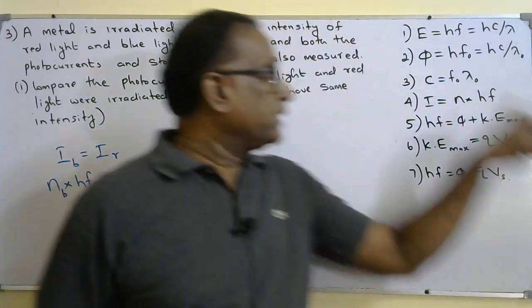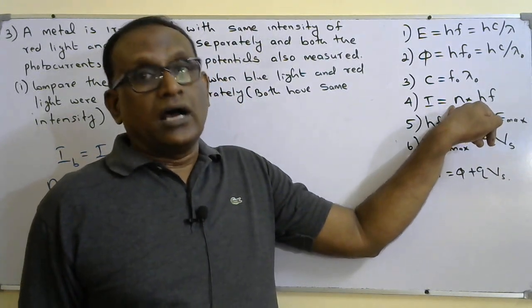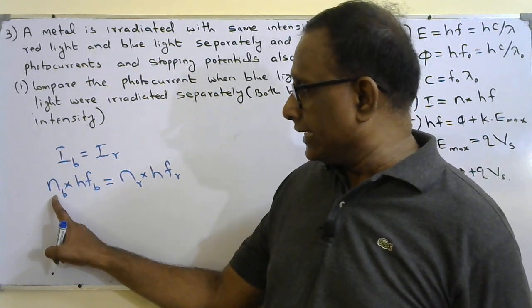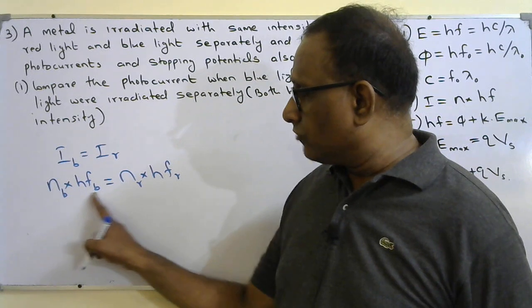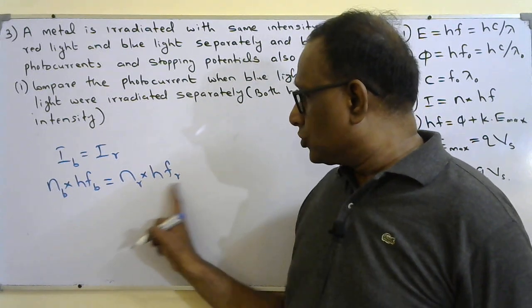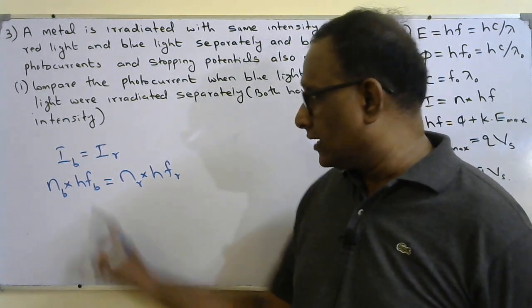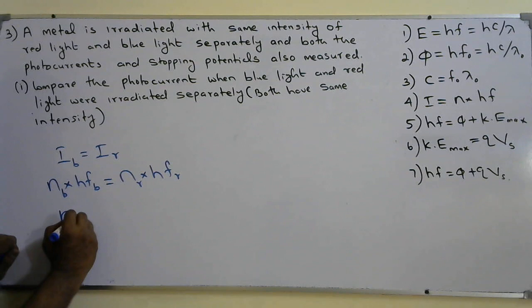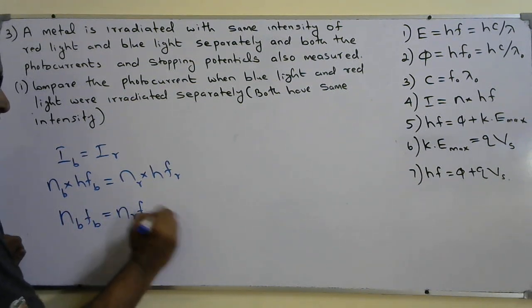This is the energy of a photon of blue color, and this is the energy of a photon of red color. h and h will get cancelled. Now NbFb is equal to NrFr.